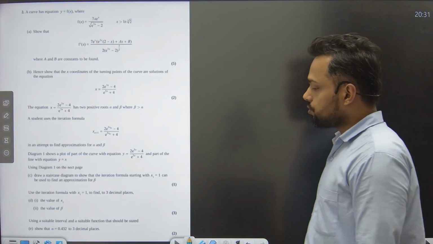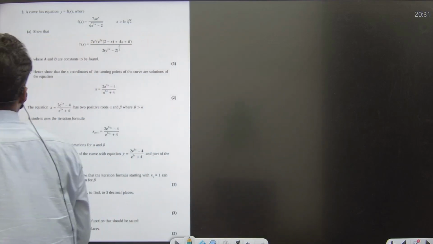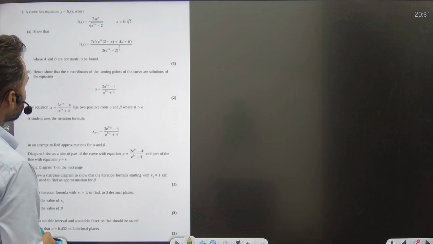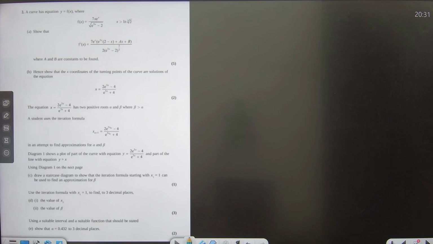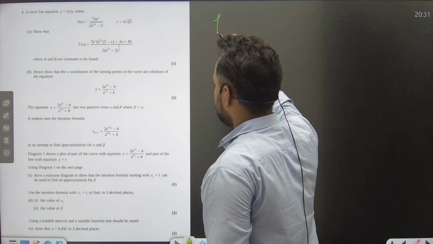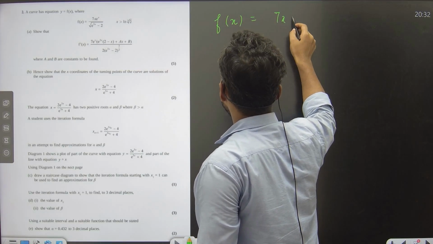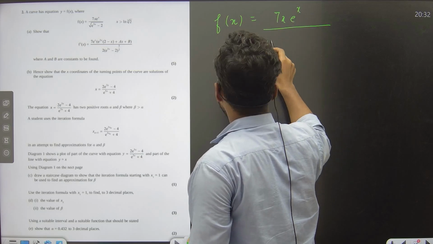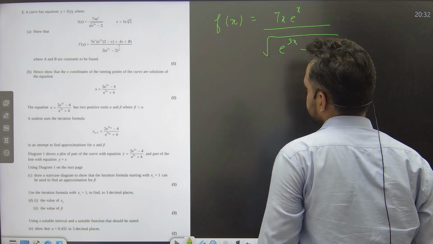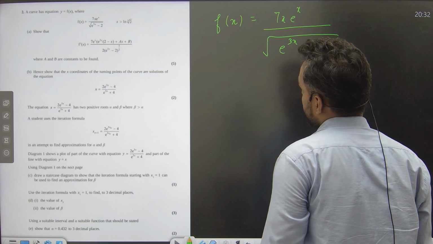Now let's come to the next question. They have given a certain equation y equals f(x), where f(x) is given by 7x e raised to the power x upon root of e raised to the power 3x minus 2.